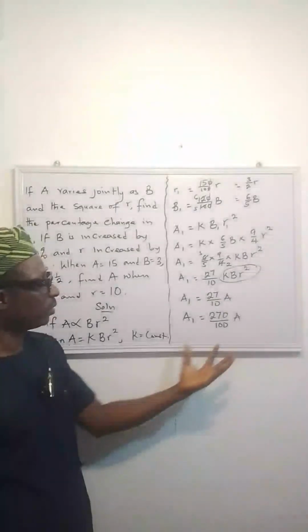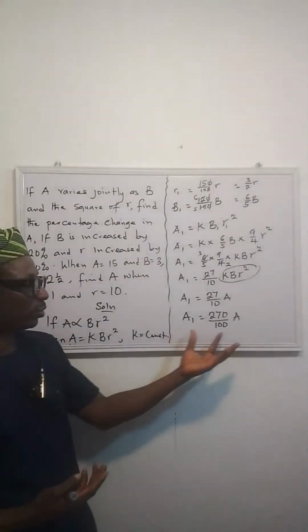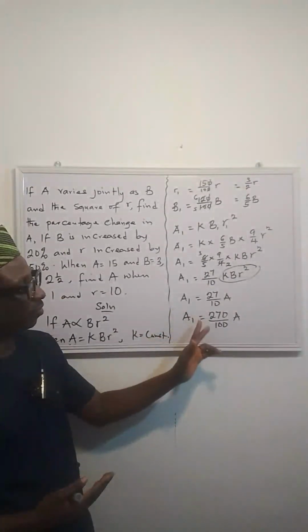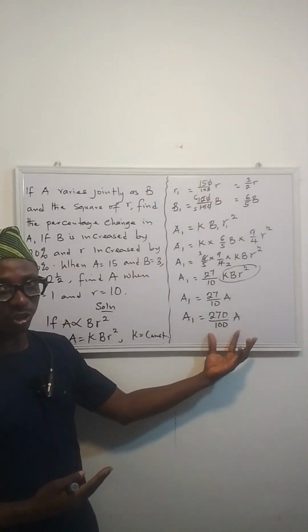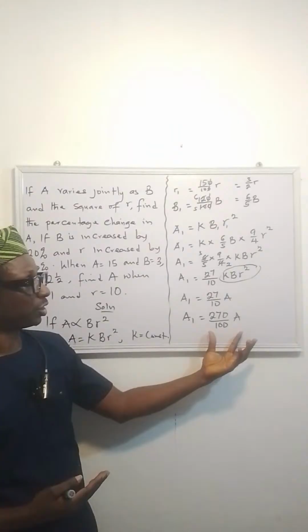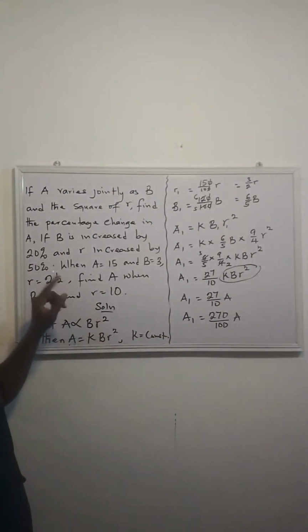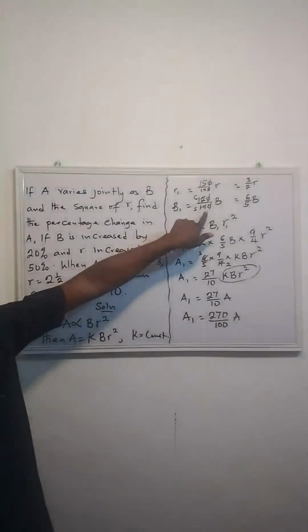Now when you look at what we have here, I want to ask you, what is going to be the increment in value of A here? What is the change? Look at this. When B is increased by 20%, see the way we have it.